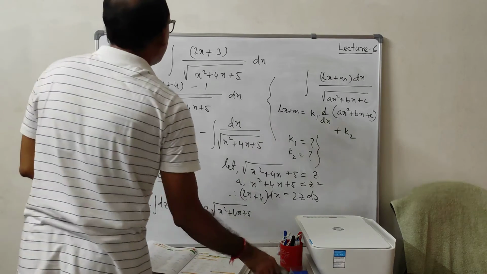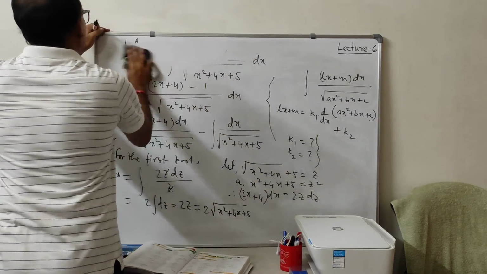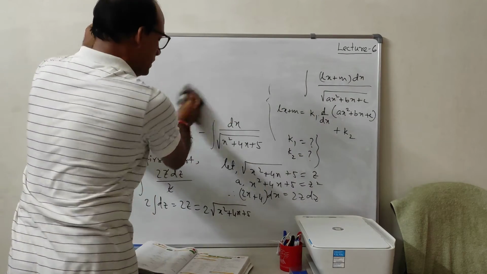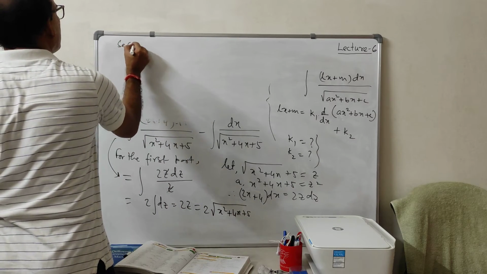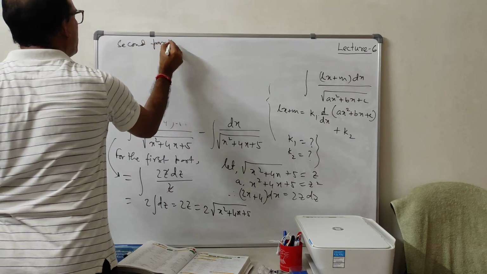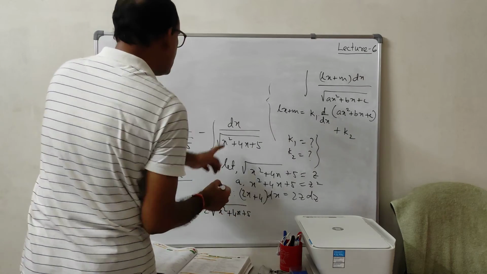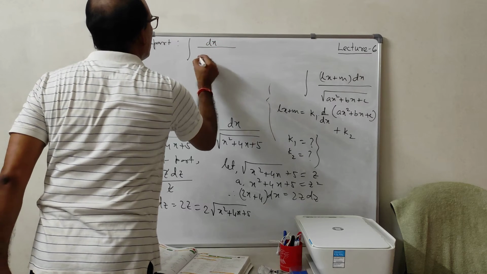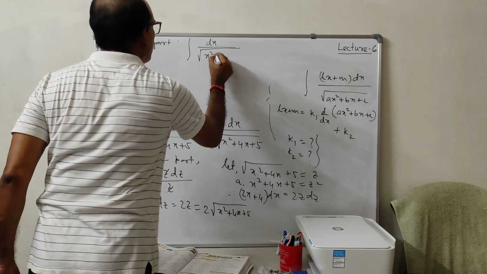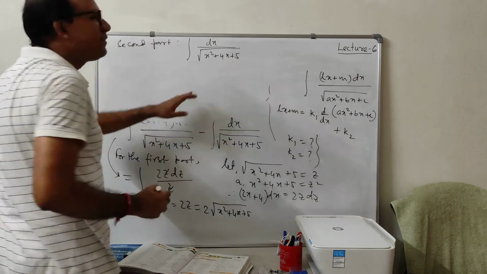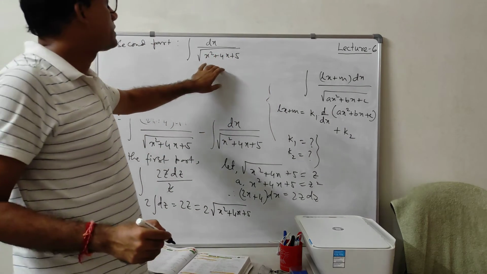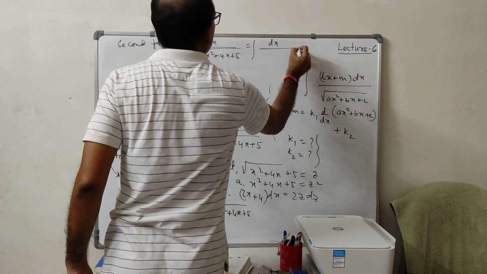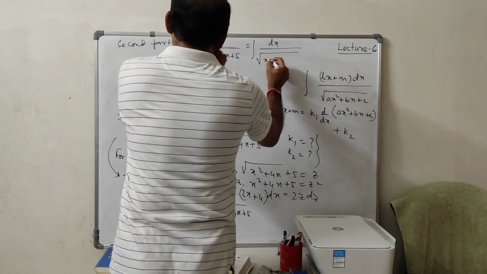And the second part. The second part, that means this part, the integral of dx over the square root of (x square plus 4x plus 5). I think I have already discussed this type of integral. The integral of dx over the square root of, this will be (x plus 2) whole square plus 1 square.